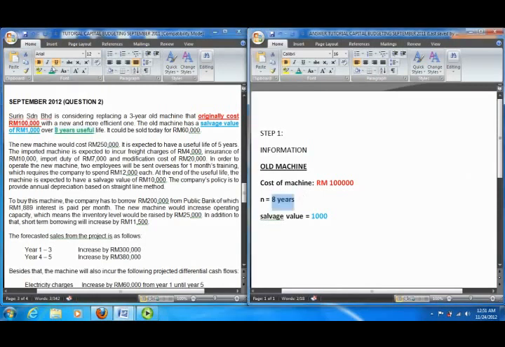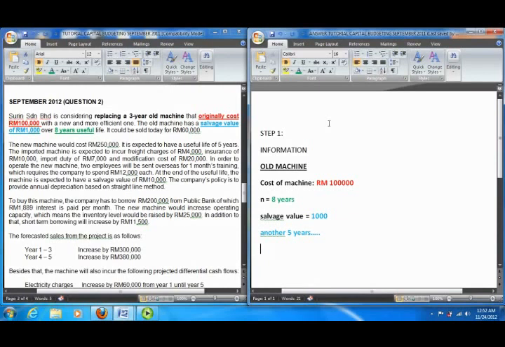So the old machine useful life is 8 years. As you can see now, Surin Sundaram Berhad is considering replacing a 3-year-old machine. So we got another 5 years to go. Alright, class, that information is on the old machine.